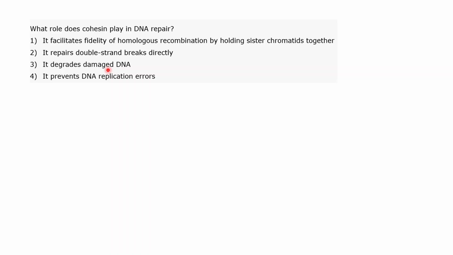One function we know, apart from DNA repair, is that there is also some other function that cohesin plays. I am getting option number 1.